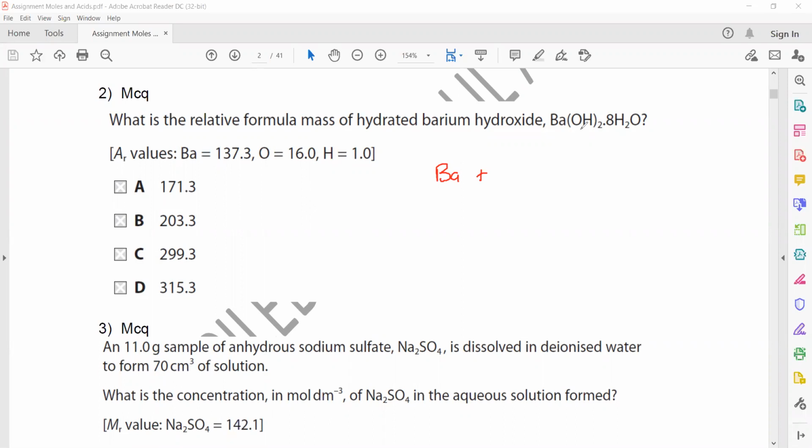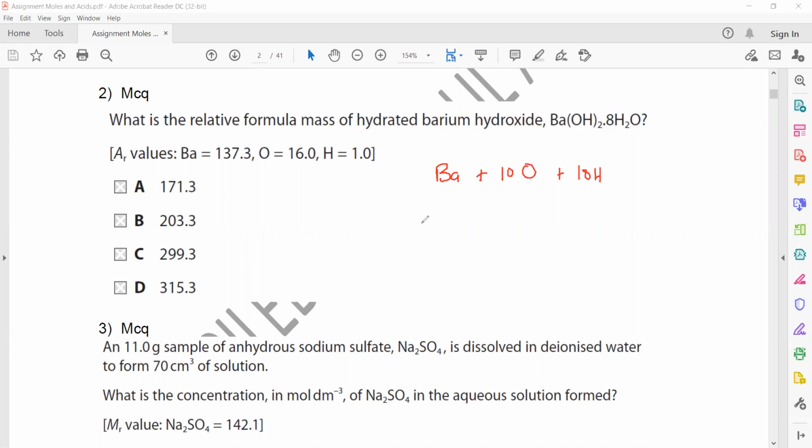The hydroxide OH group means 2 oxygen here and 8 oxygen, so in total it will be 10 oxygen. The number of hydrogen, 8 multiplied by 2, that's 16, plus 2 equals 18. So there are 18 hydrogen.